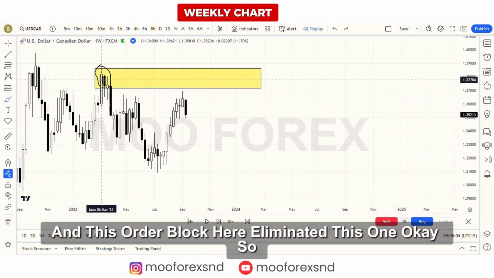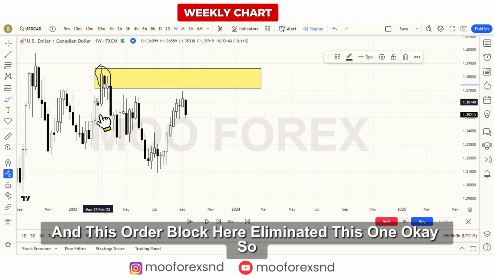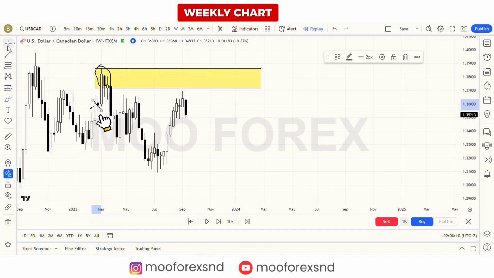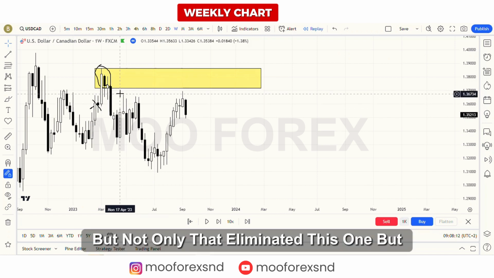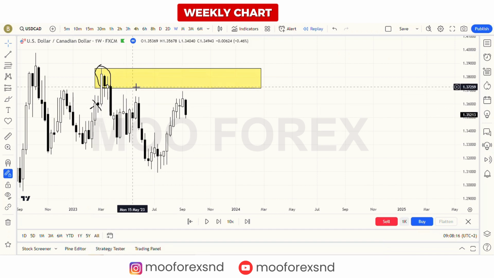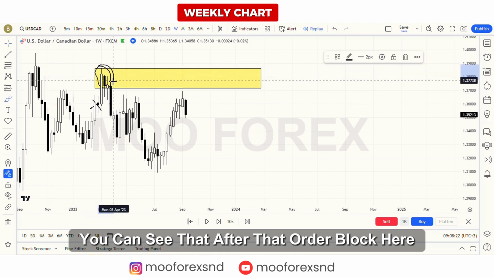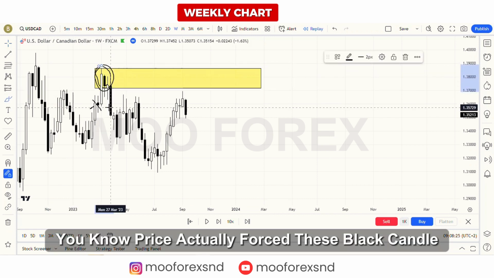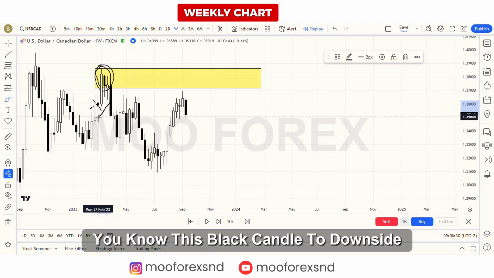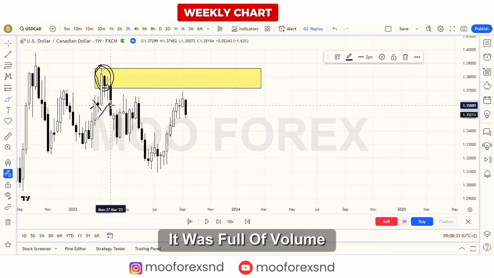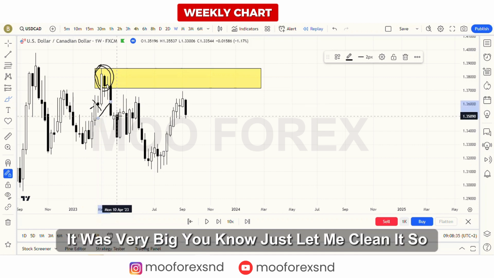And this order block here eliminated this one. But not only that, you can see that after that order block, price forced this black candle to the downside. It was full of volume, it was very big.